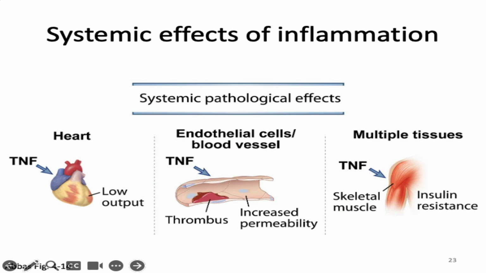The heart's a muscle. If it's getting cytokine hitting it all the time, remember we talked about muscles changing their output because of metabolism, you're going to get changes to heart output, and you're going to, again, potentially get cardiovascular disease.